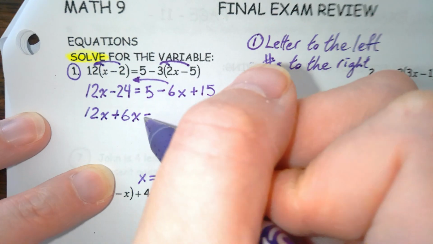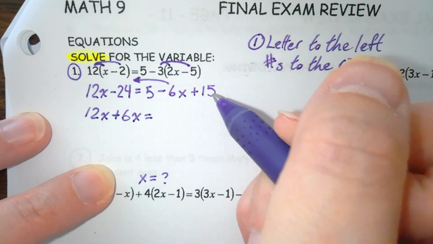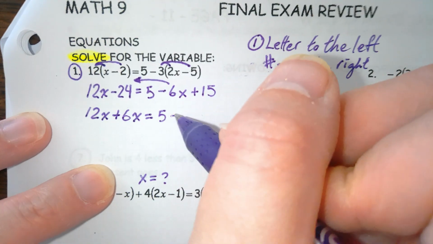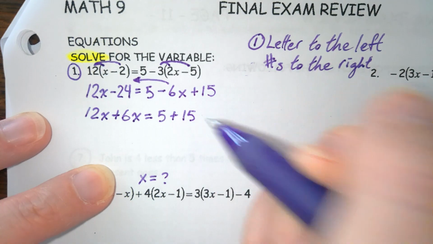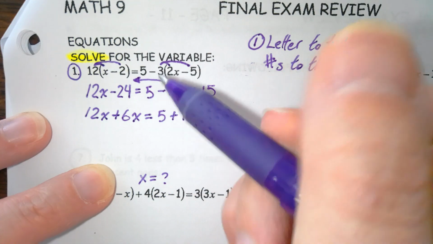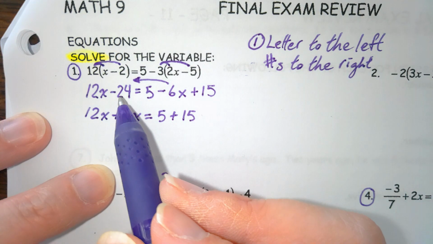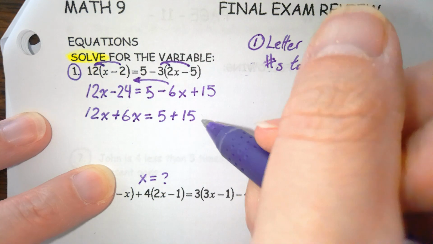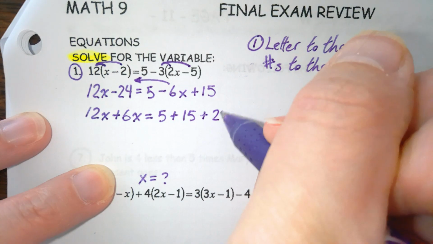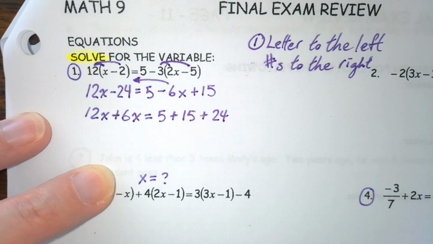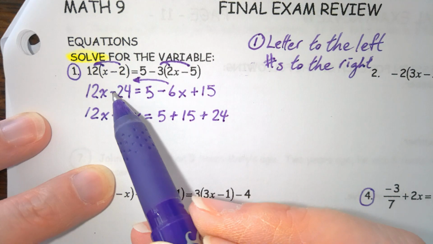Equal. The 15 is already on the right side, so I leave it. I don't change the sign on them. And then -24, when I move it over, +24. So it's not necessarily you're always subtracting. It depends on the sign.